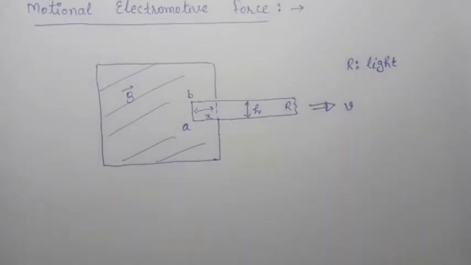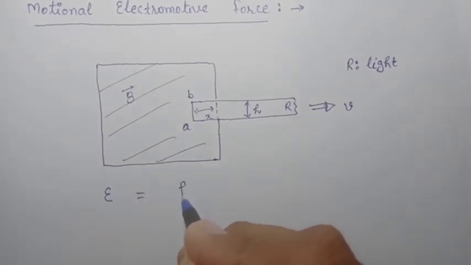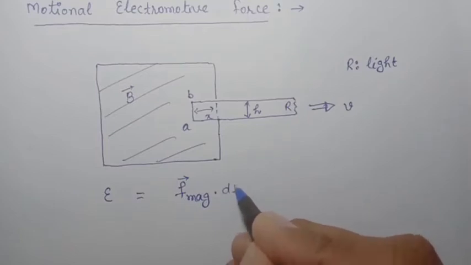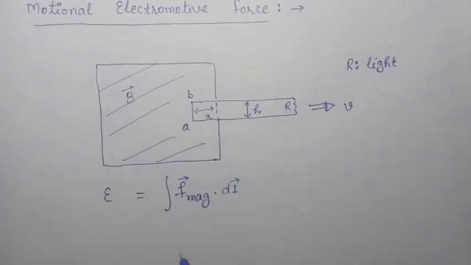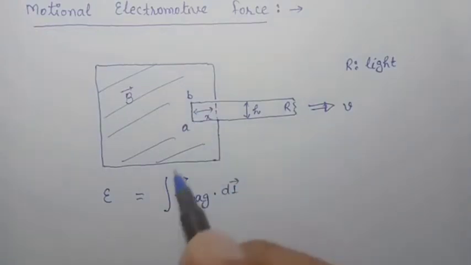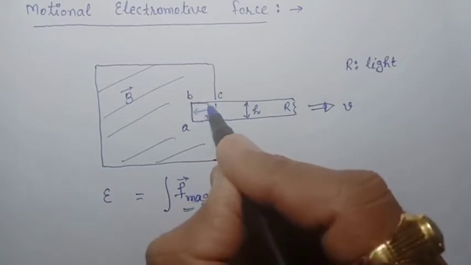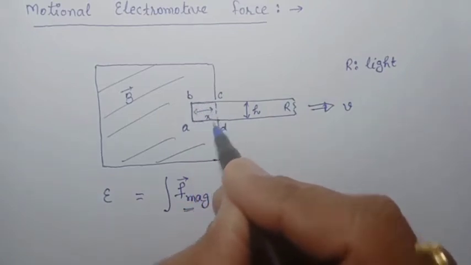So here the EMF is equal to magnetic force, and here this is dl. This magnetic force is exerted on segment AB, and there is no contribution from the horizontal parts, that is BC and AD.